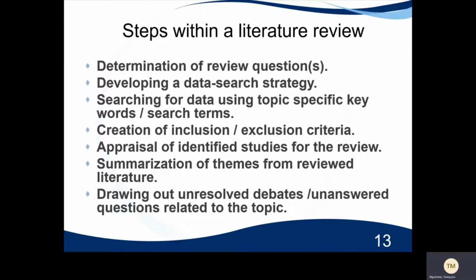Also, you create inclusion and exclusion criteria, and these are the criteria that you will utilize to actually be much more clear that the things that make it to your final review are indeed things that have topic areas and focus areas that are related to your work.